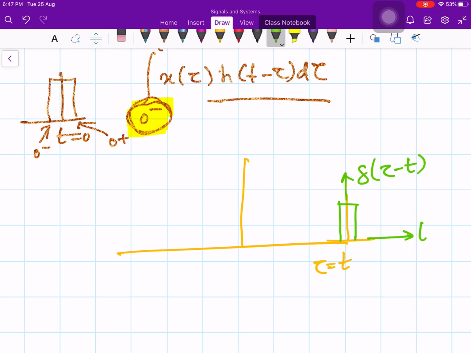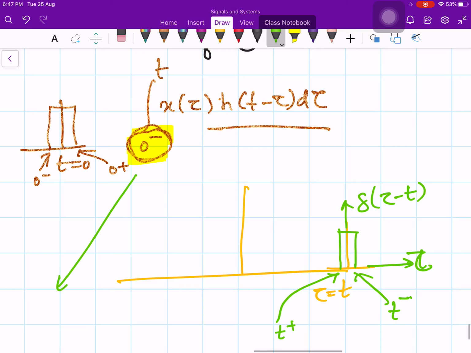Now this point is t plus and this point is t minus. So again this integration is from 0 minus, and you take up to t plus, therefore you put t plus, of x of tau h of t minus tau d tau. So this is your y of t.